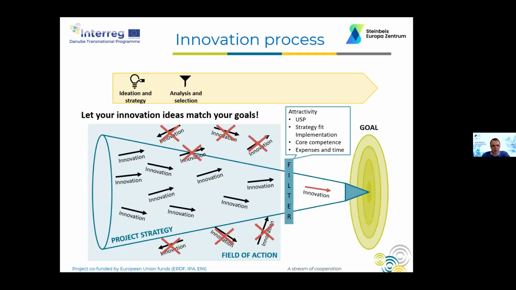What you then need to do is to analyze the external factors that may have an impact on your innovation activity or process, and see where your strengths and weaknesses are, and see what the most important short-term innovation areas are that I want to address. So you have to align your innovation activities with your goals and strategies.